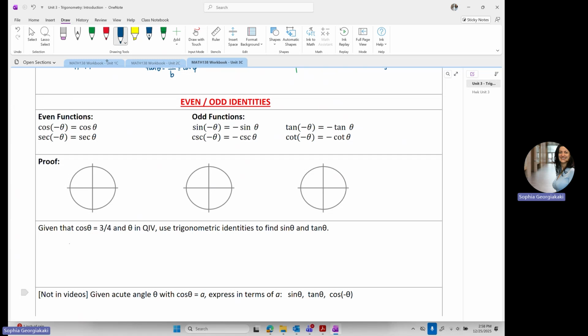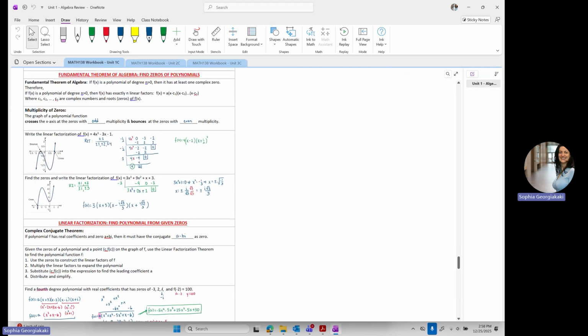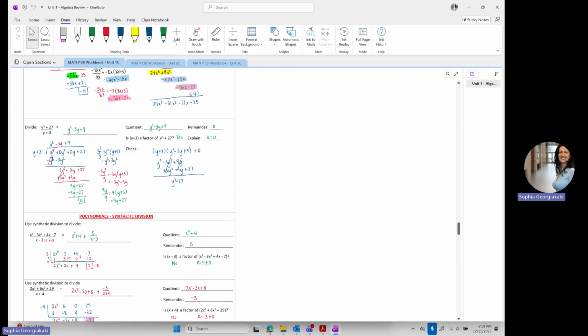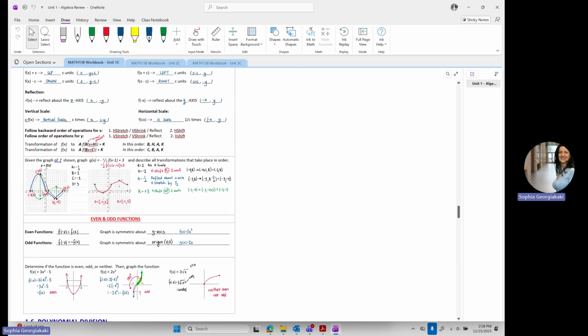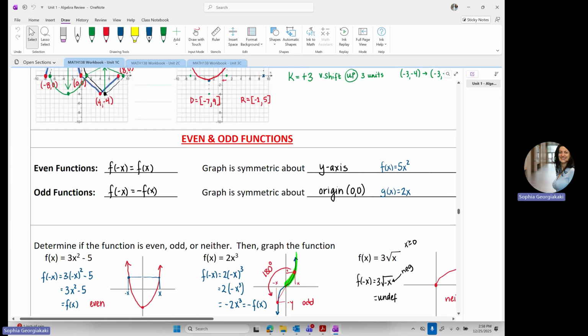And if you remember from unit 1, we discussed symmetry and even and odd functions. So unit 1 was a review of college algebra. And we said that even functions have the property that opposite x's have equal y's, and odd functions have the property that opposite x's have opposite y values.